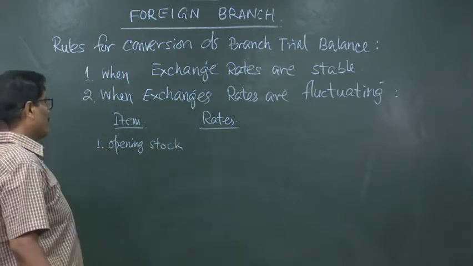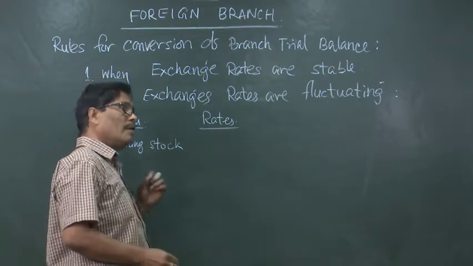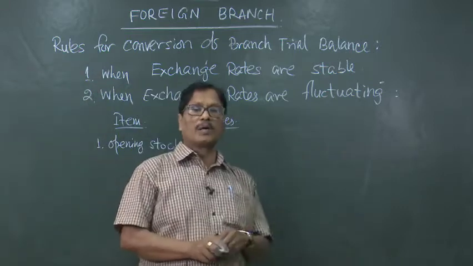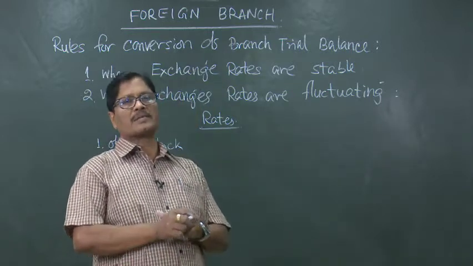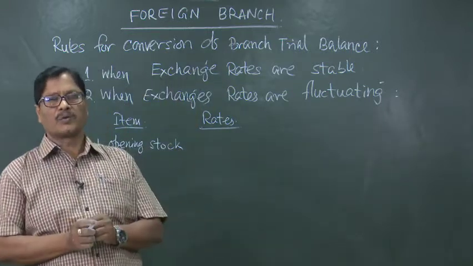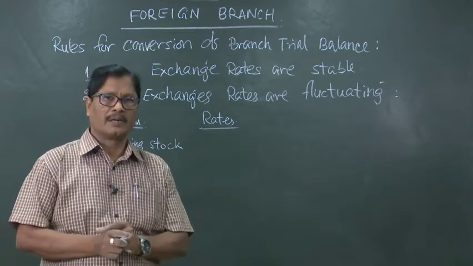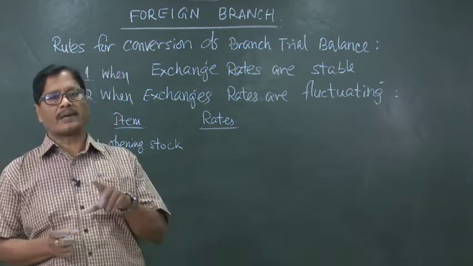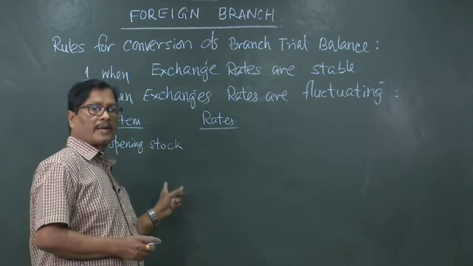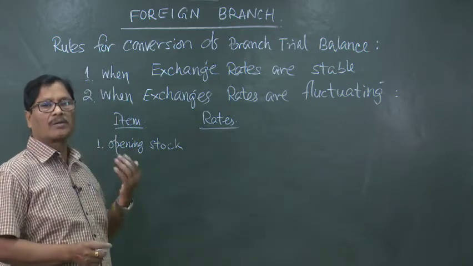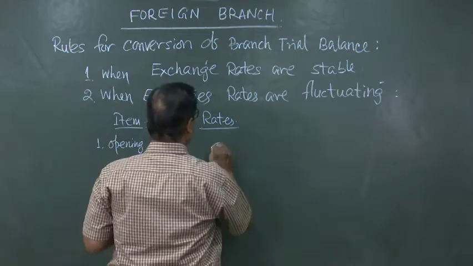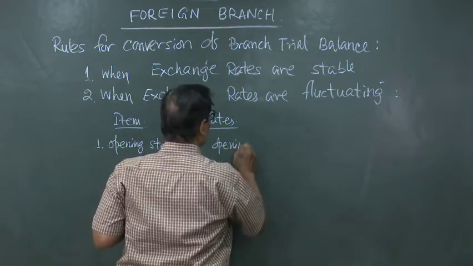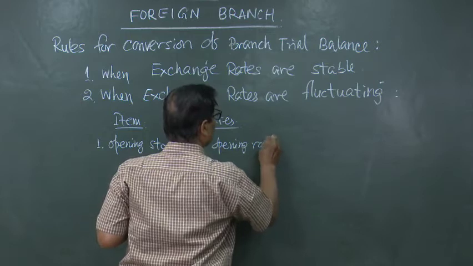Opening stock will have to be valued at the rate applicable on the opening date of the year. Suppose we are starting the year from 1st April 2017. So, on that date, what was the rate? The opening stock will be converted according to that rate. So, the opening rate or the rate applicable on the date of opening.